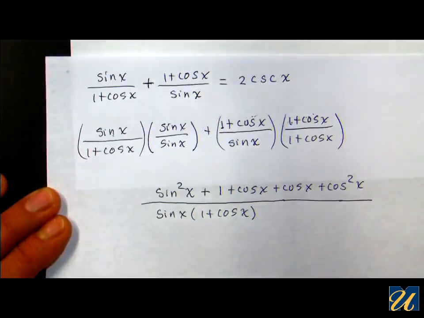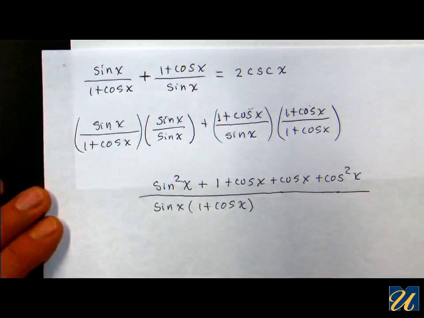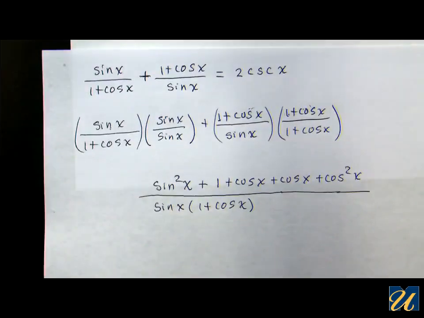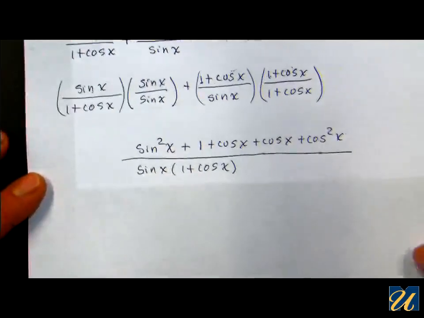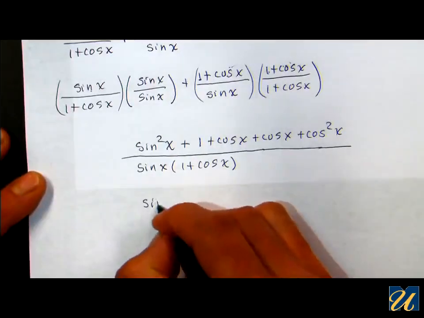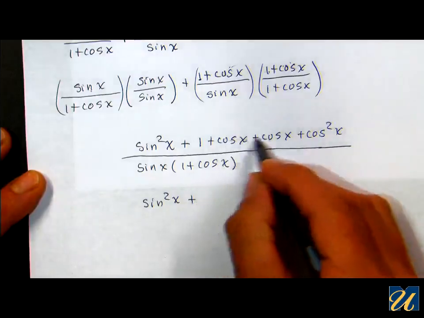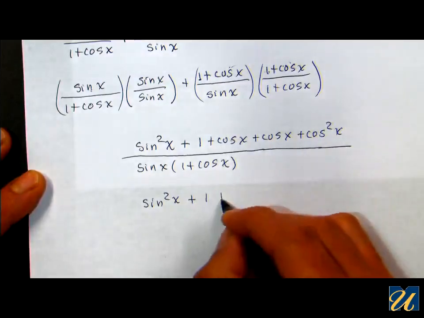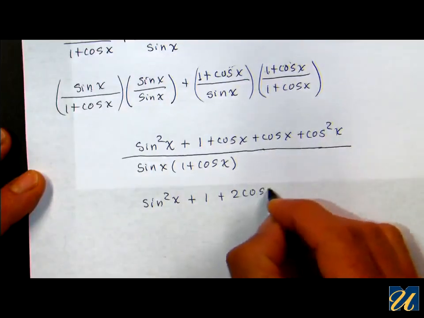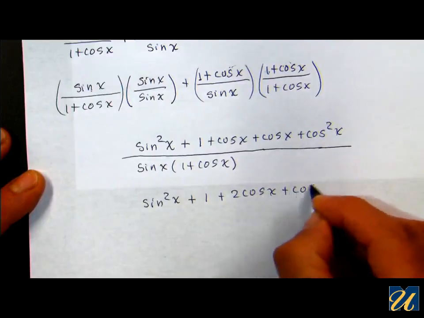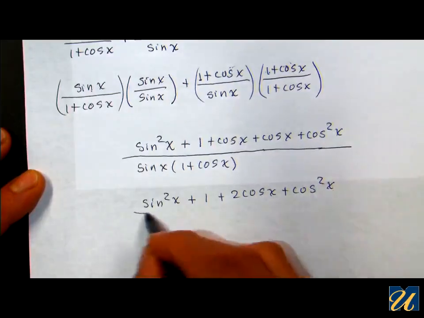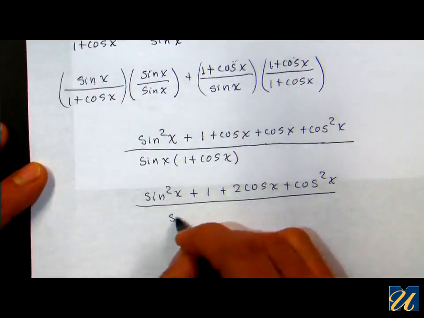Okay. So that's multiplying 1 plus cosine by itself. Okay, what does that reduce to? Well, we got sine square x plus, okay, we have 2 cosines right there, plus 1. 2 cosine of x plus cosine square x over our denominator.